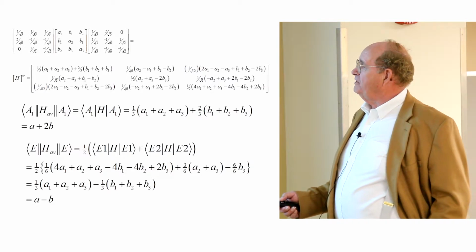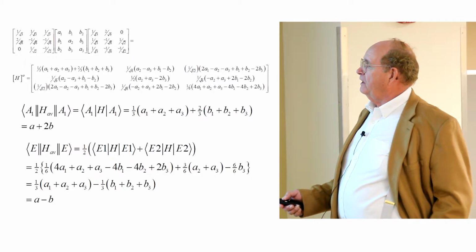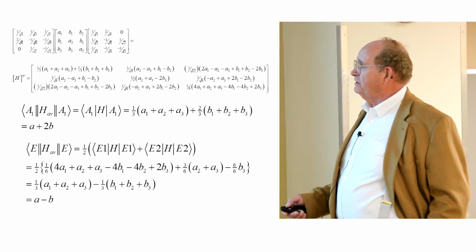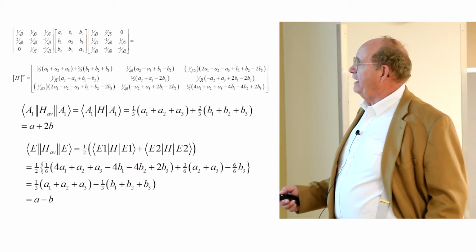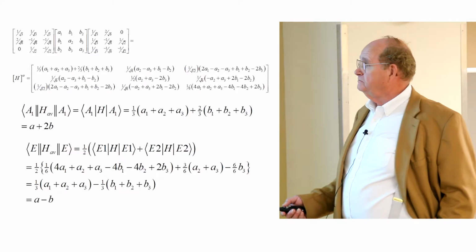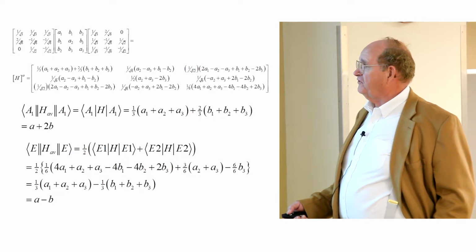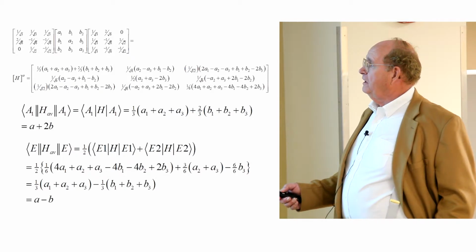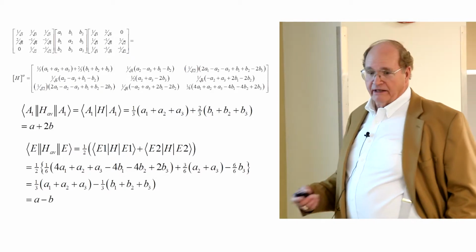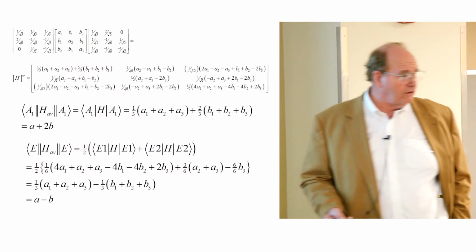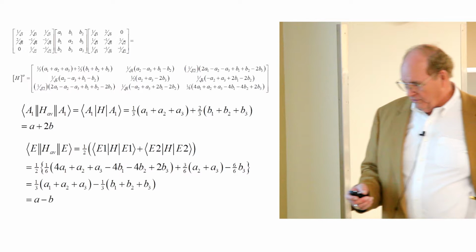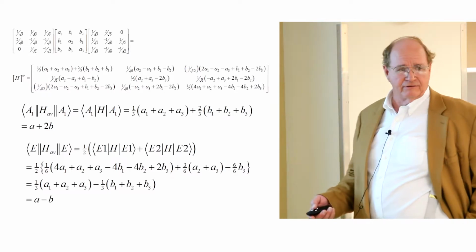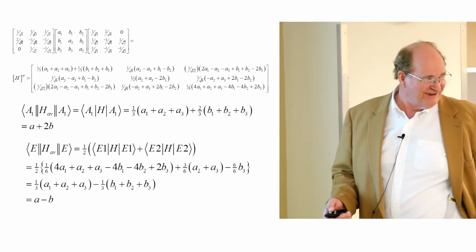So what will happen is that this becomes equal to A plus 2B when you've averaged it. And then to get these two, I have to add these two together, divide by 2, and then I will get A minus B. So I'll have A plus 2B, A minus B, and I now have the results that you saw earlier for the nice symmetric system, the same kind of situation. So this is to try to help you get a handle on what we're doing. I hope I'm successful.